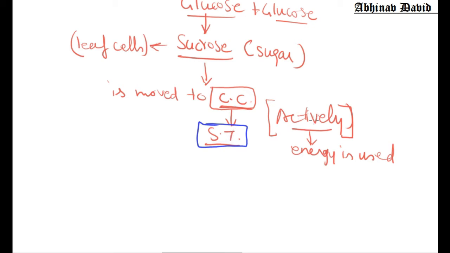So this is active transport. The movement of sucrose is active, from the leaf cells to the sieve tubes through the companion cells. Now let us move to the next portion.